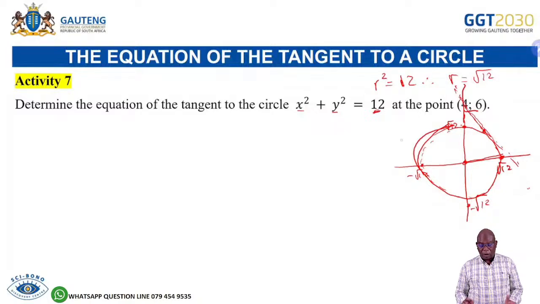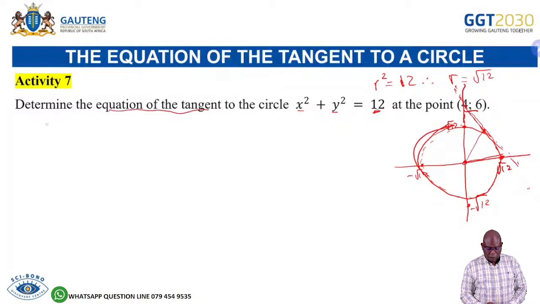This is just a picture of what I wanted to show you. But what can I do here to get the equation of the tangent? First of all, I must write down the gradient of the radius.